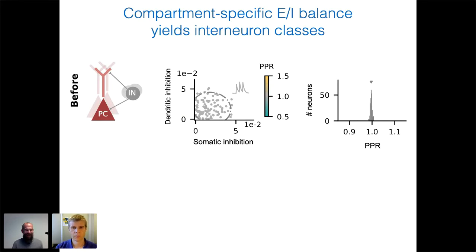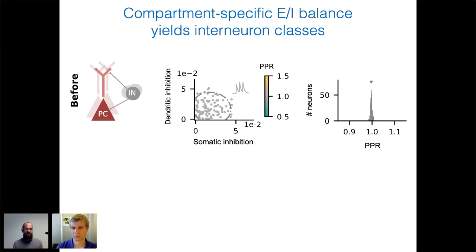The way I'm plotting this is that I check for every neuron in that population how strong its outgoing synapses are onto the dendrites of the pyramidal cells, and how strong they are onto the soma of the pyramidal cells. We initialize this circuit randomly, so every cell lies in some random bulk here.